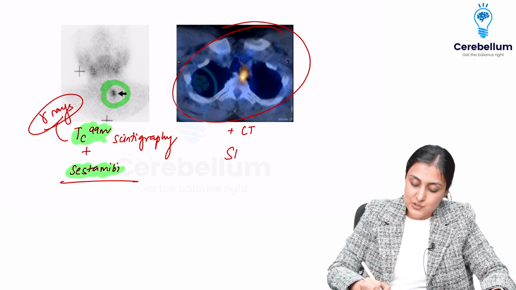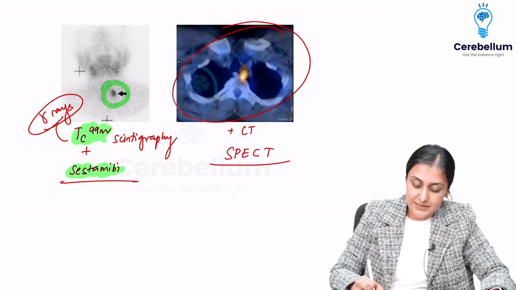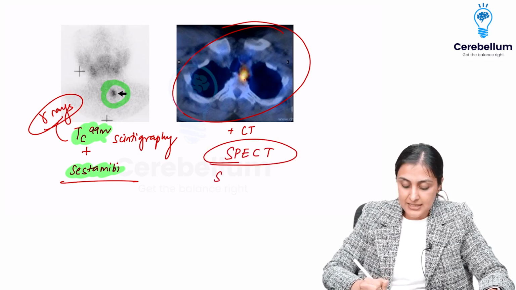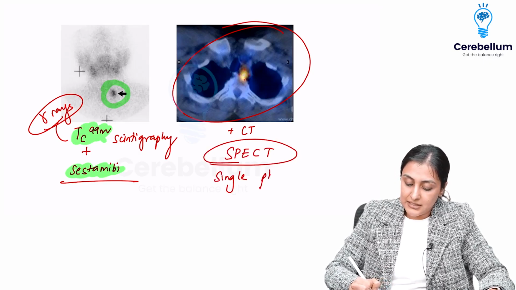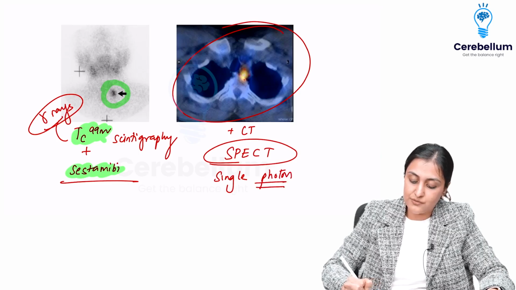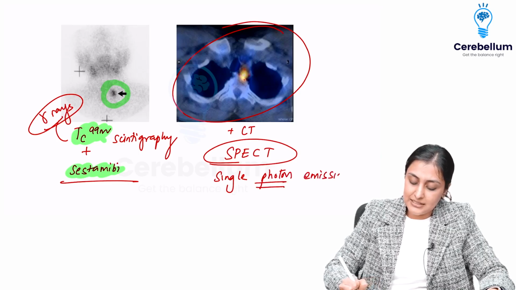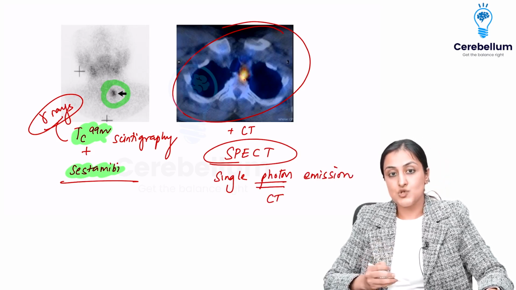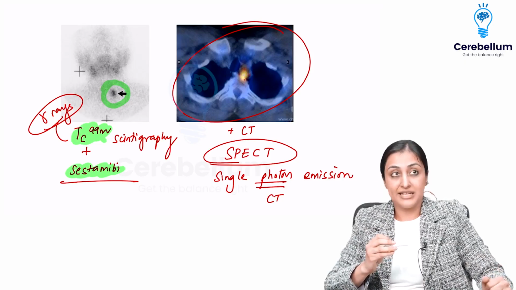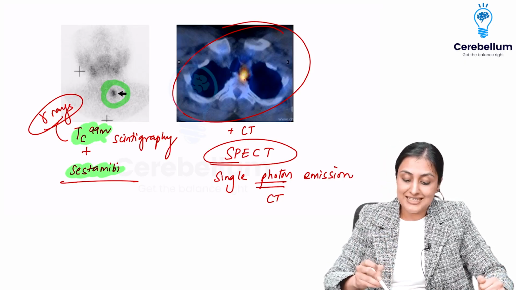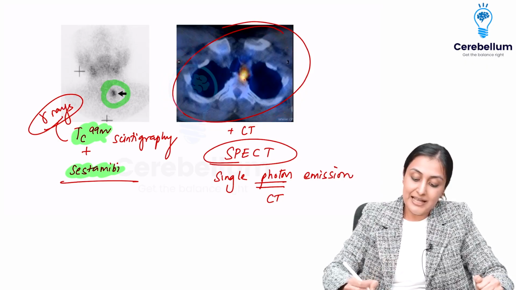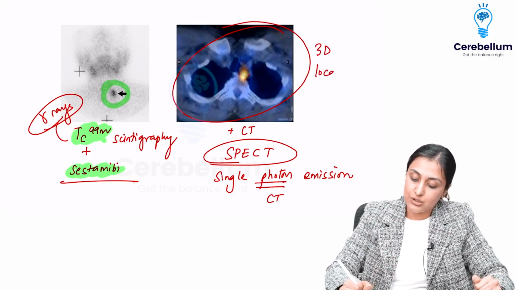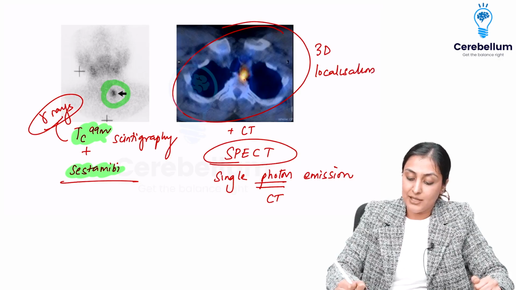Such a study is called a SPECT study. What is a SPECT study? It stands for single photon. Photon is the word you need to remember. Single photon emission computed tomography. So this is where I've combined my technetium study with a CT scan, and that gives me the exact 3D localization of the parathyroid adenoma.